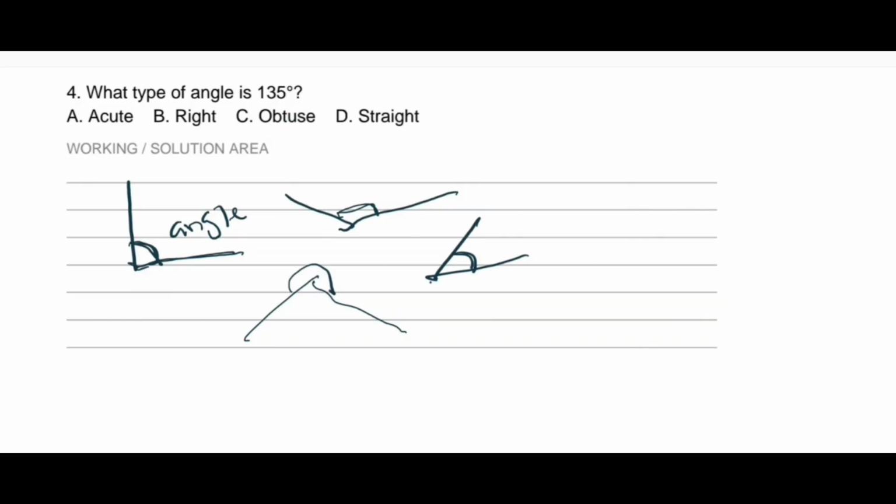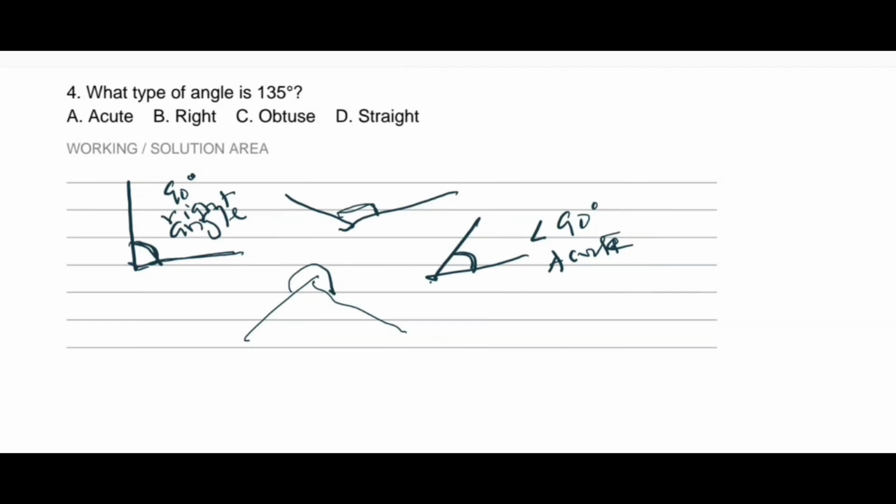When the angle is less than 90 degrees, it's called an acute angle. When the angle is exactly 90 degrees, it is called a right angle.